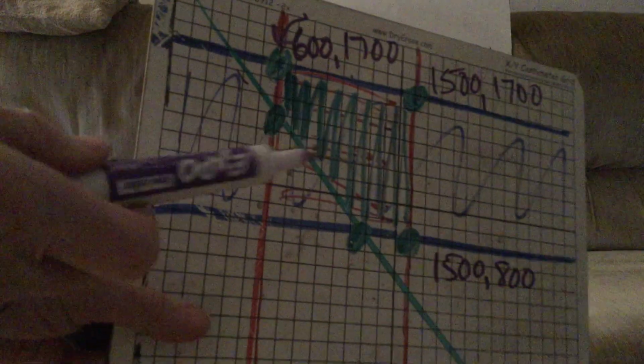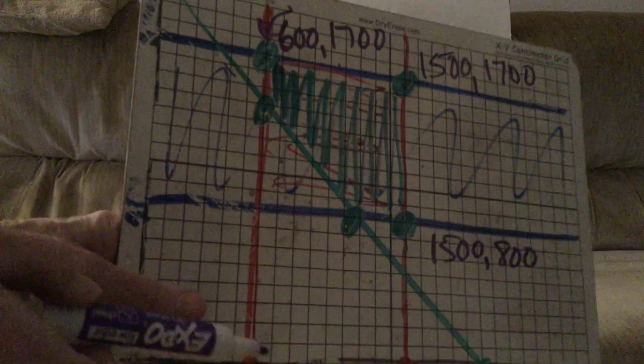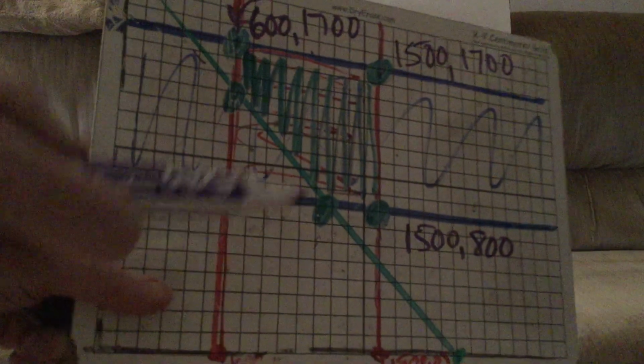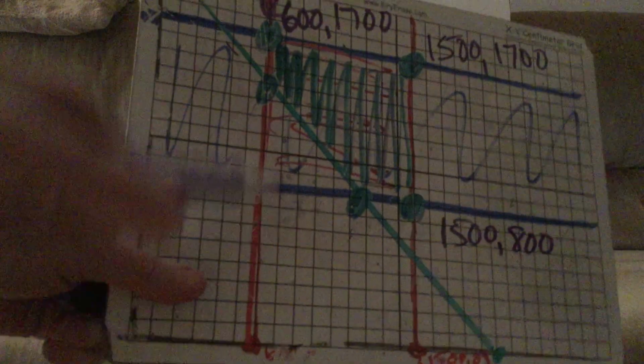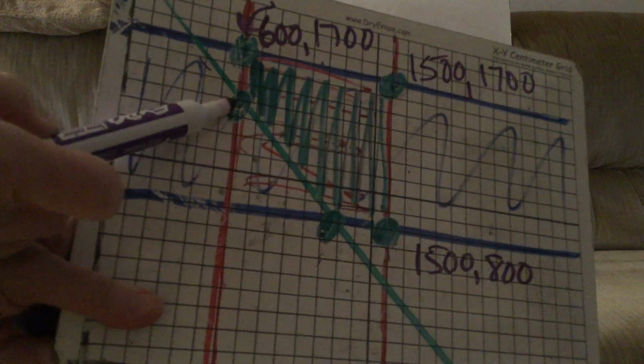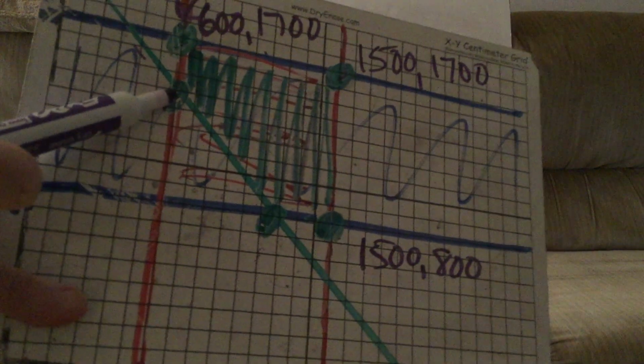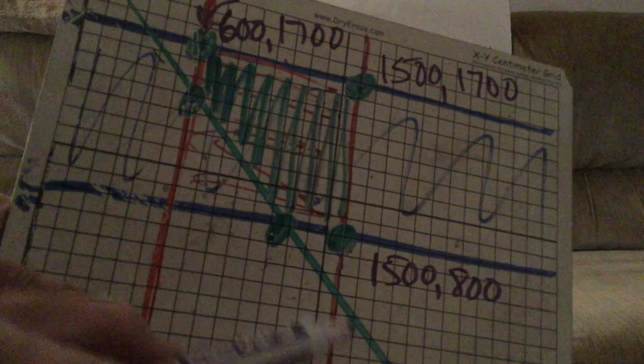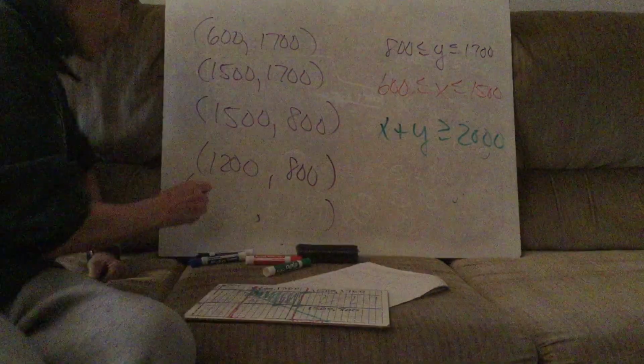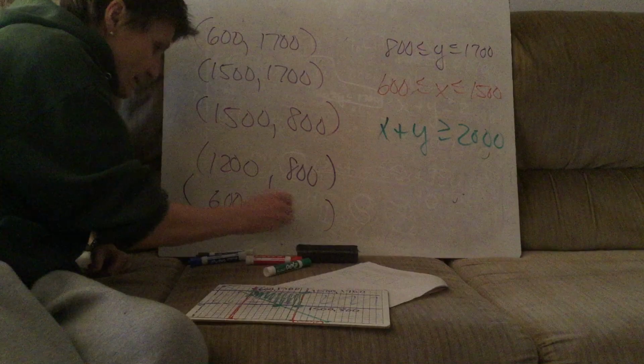And then that last point, we're going to do exactly the same thing. It's right here. It is on the line where x equals 600. And if x equals 600, but it has to add up to 2000, then that must be the point 600, 1400.